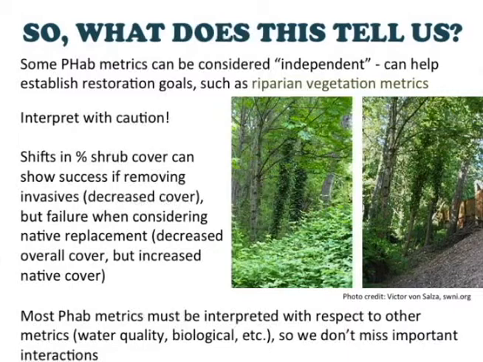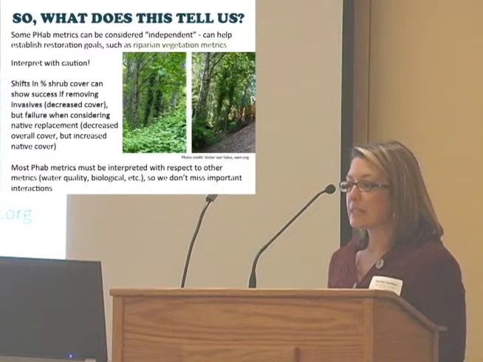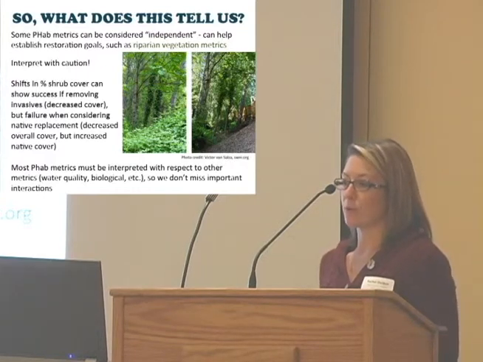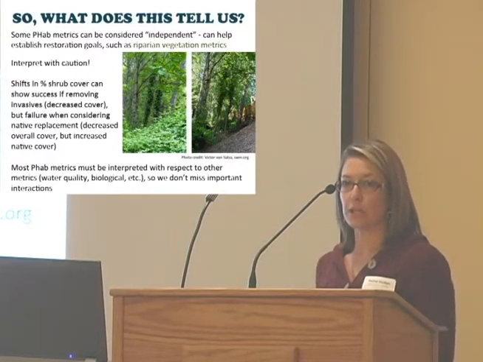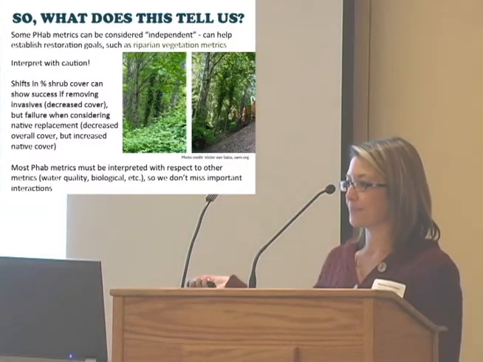However, if we're not considering the biology and the fact that we replace that with some native species, we might not be making the right inference there. Or we might just be missing information. Most of the PHAB metrics that we look at have to be interpreted with respect to other metrics, particularly biology and the water quality, so that we don't miss these interactions.